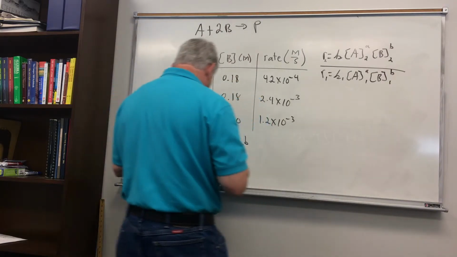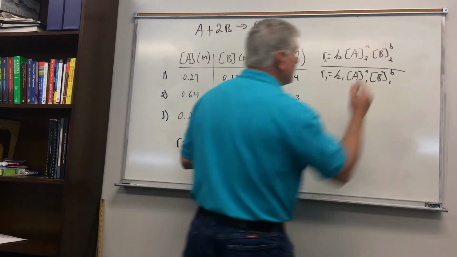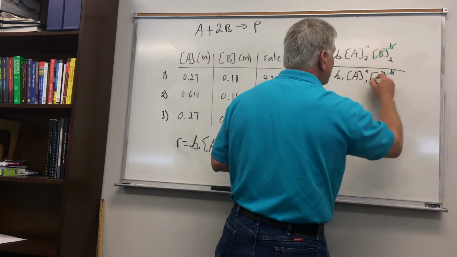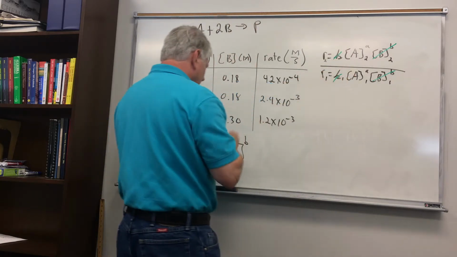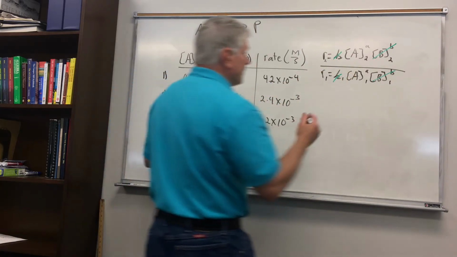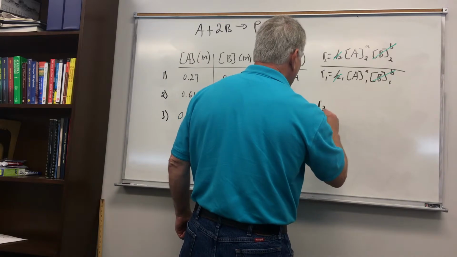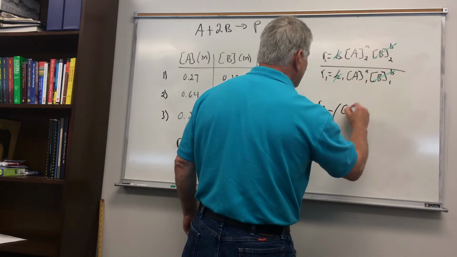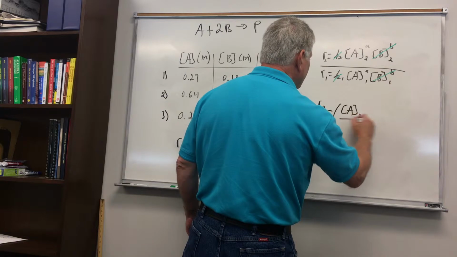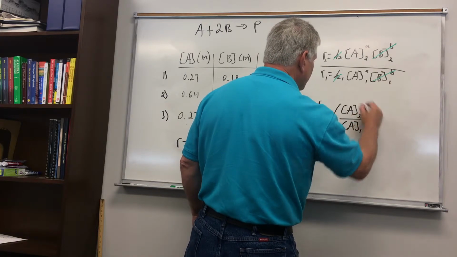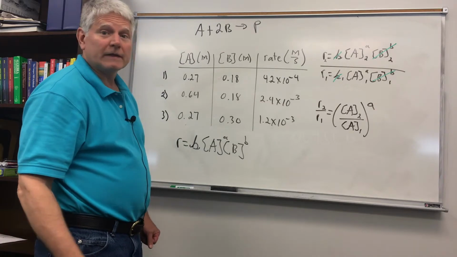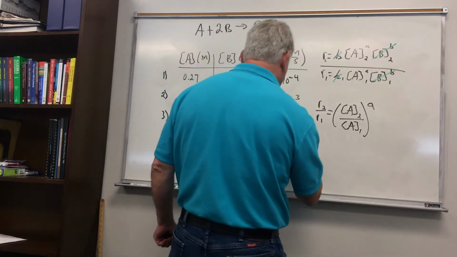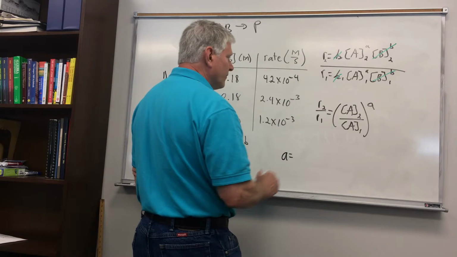So the concentration of B will cancel, and the rate constant cancels. And so we'll just have R2 over R1 is equal to the concentration of A for experiment 2 divided by that for experiment 1 to the little a power. Now we'll take the log of both sides of the equation and solve for a like we did before.